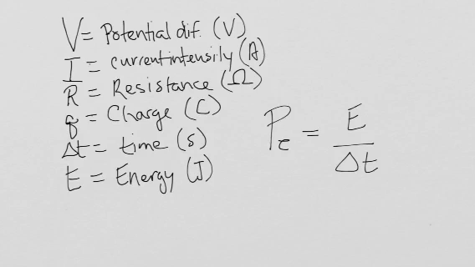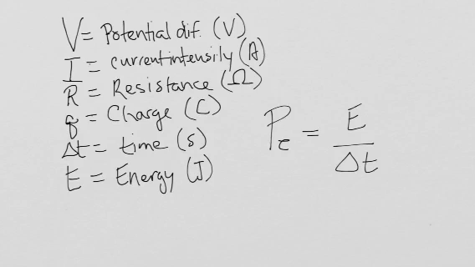So this is the slight change from your textbook. Your textbook uses the electrical power formula as being PE is equal to W over T. W is work in joules. Well, we're already measuring energy in joules, and work is the amount of energy that something takes to accomplish a task. So let's make life nice and easy.